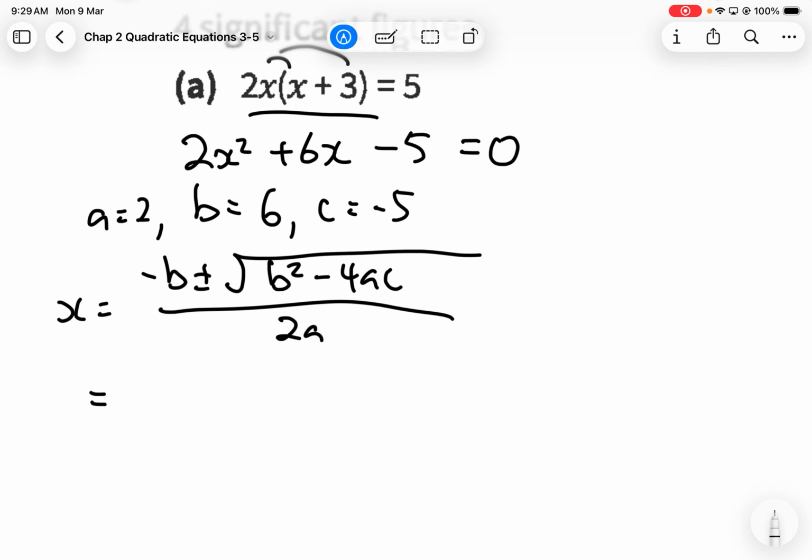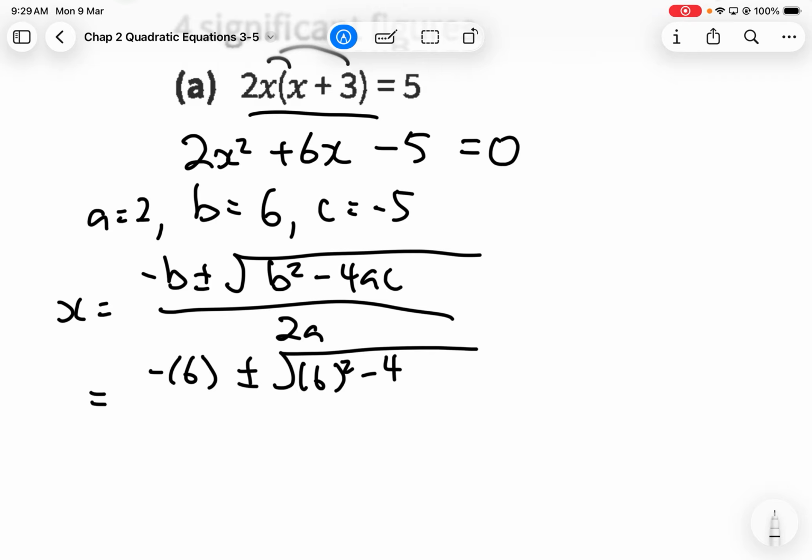Okay? So, substitution. Remember, everything I want to substitute, I replace it with a bracket. Minus is outside of B, so no change. I want to substitute B, I substitute with a bracket. I want to square B, I substitute B with a bracket before I square it. -4, no change.